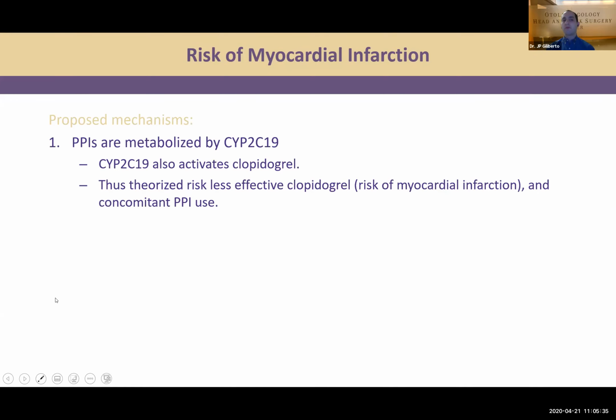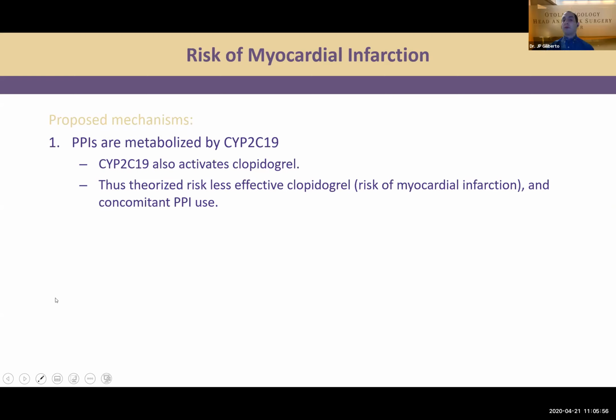There are two proposed mechanisms by which PPIs can put patients at risk for myocardial infarction. The first is by interference or competition for metabolites through the liver enzyme CYP2C19, which also activates clopidogrel or Plavix.